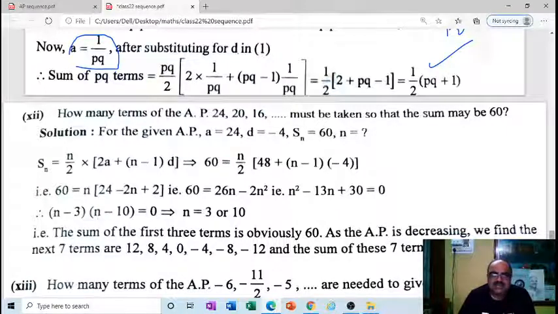So 60 equals 24 plus 2, that is 26 minus 2n, into n. 60 equals 26n minus 2n square, that is n square minus 13n plus 30 equals 0. So n minus 3 into n minus 10 is equal to 0, n equals 3 or 10.